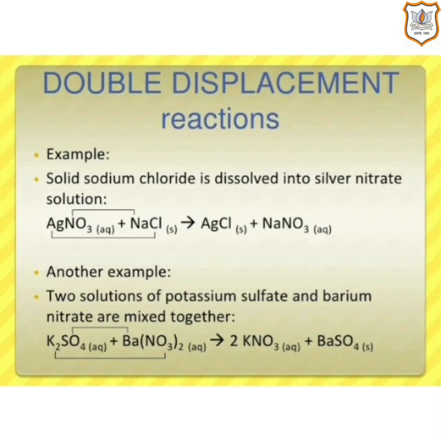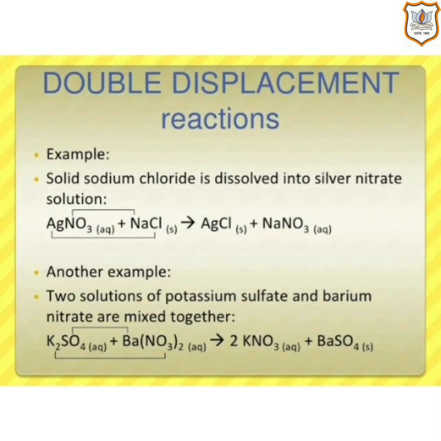Here this is the displacement reaction. So the two cations must switch. That's why sodium and silver will switch. Here both have a 1 plus charge, so the ratio of anions does not change. And the skeleton equation is the same as the balanced equation.